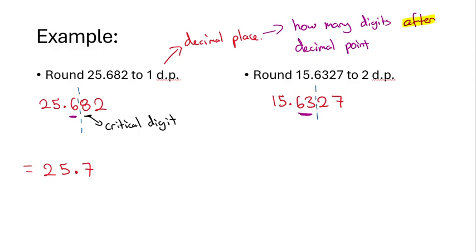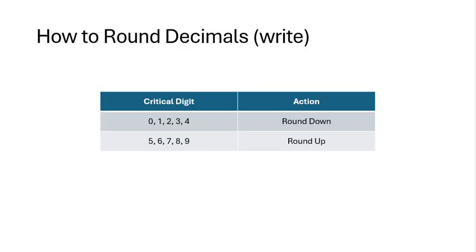Like that. So now we look at our critical digit. It is a 2. So referring back to our table, it says here round down. But when we say round down, it technically means it doesn't change.